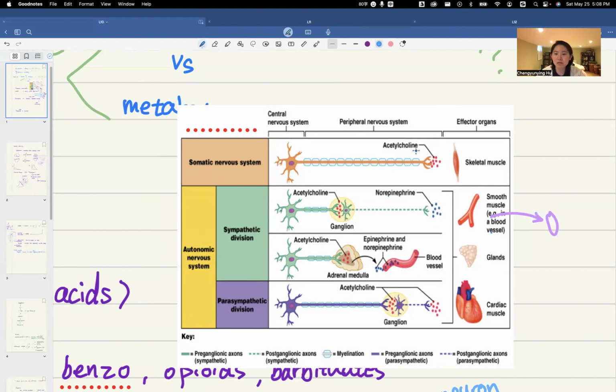Since it's secreting acetylcholine, it belongs to the adrenergic group. So this neuron is an adrenergic neuron. It releases acetylcholine, and what type of receptor is on the skeletal muscle? It's the nicotinic receptor, because we know that it's always excitatory on the skeletal muscle.